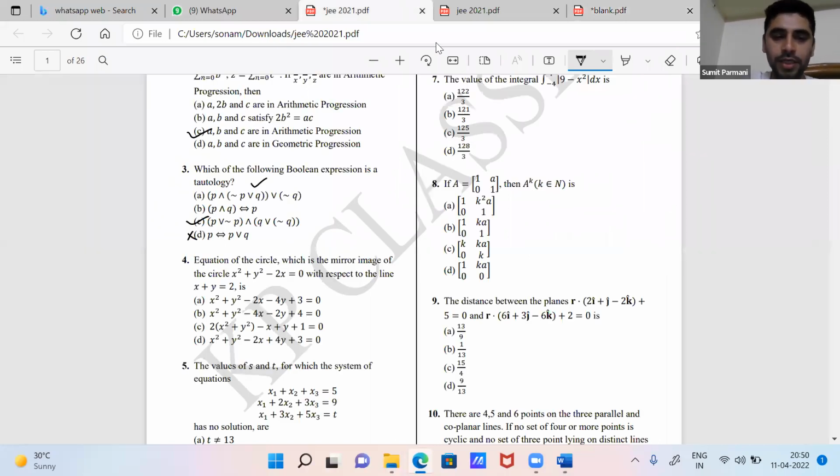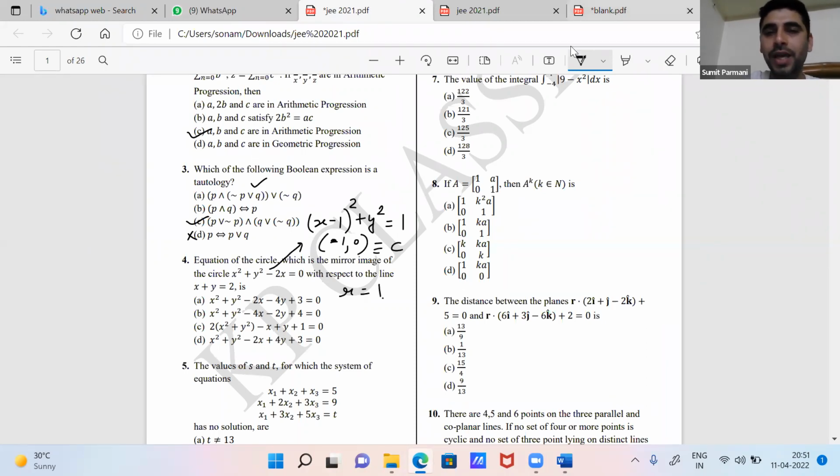So from here we can convert this equation in the form of whole square. So this is (x minus 1) whole square plus y square is equal to 1. So its center is (1, 0) and radius is 1.